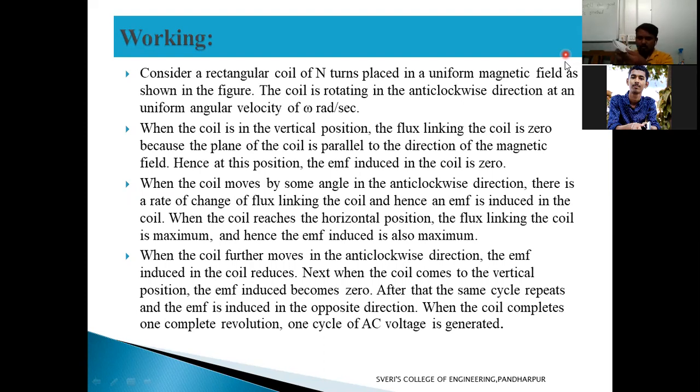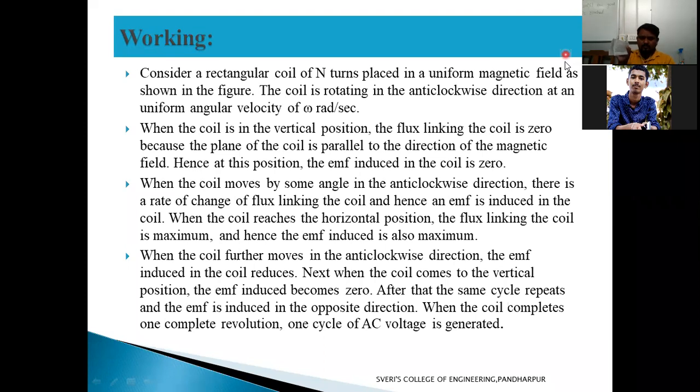So from 0 to 90 degrees we are going to consider now. This angle is 0. Slowly I move in the anti-clockwise direction: 10, 20, 30, 40, 50, 60, 70, 80, 90 degrees. When it reaches 90 degrees, we get the maximum induced EMF.